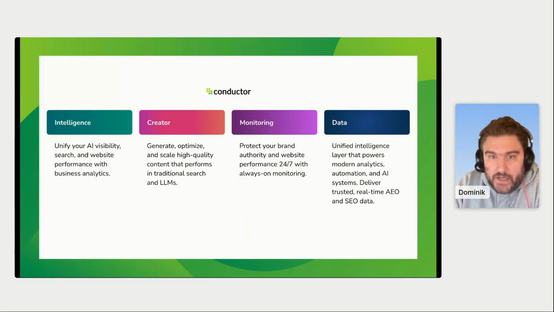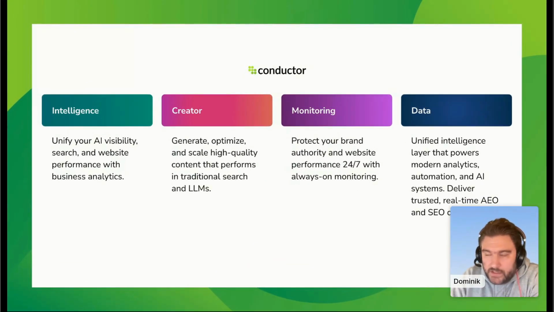In our platform, we have different products. Conductor Intelligence is the reporting, which unifies our customers' AI visibility, search and website performance with business analytics. We have Conductor Creator, which is all about content. It helps generate, optimize, and scale high-quality content that performs in traditional search and LLMs. We have Conductor Monitoring, which protects your brand authority and website around the clock.